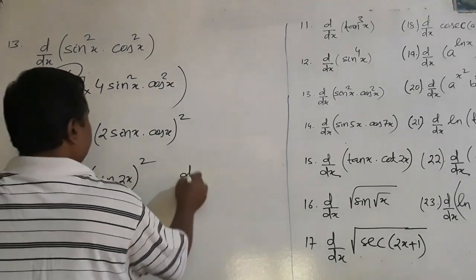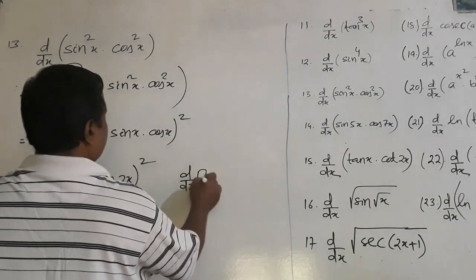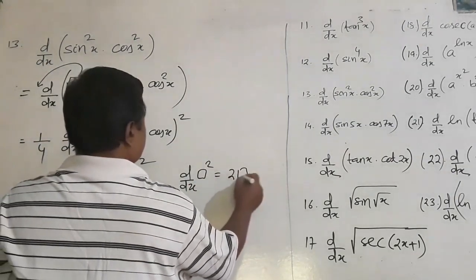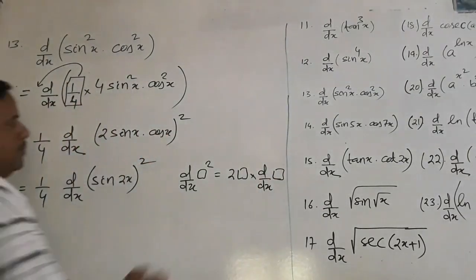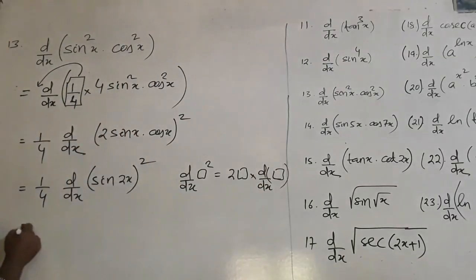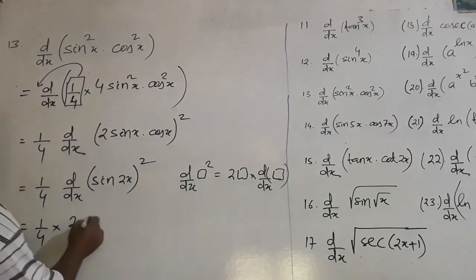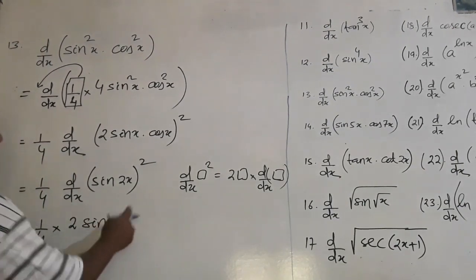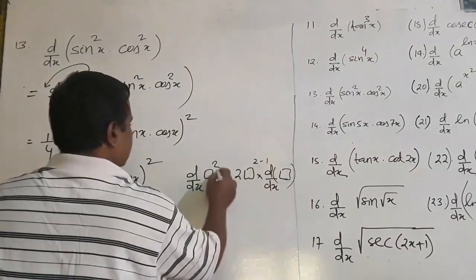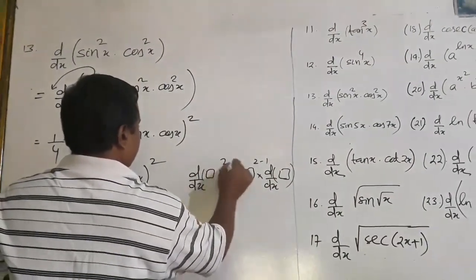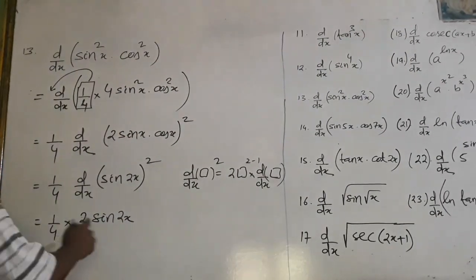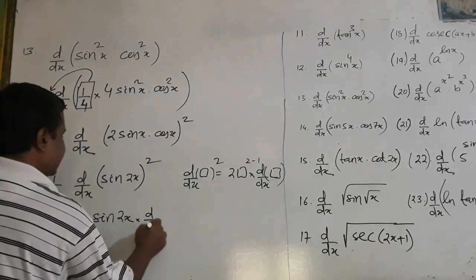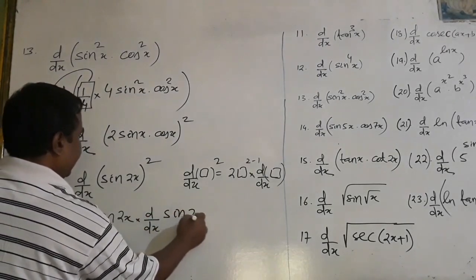And we know d by dx of box square. The answer is 2 box into d by dx of box. Then what will it be? 1 by 4 into 2 sine 2x, box to the power 2 minus 1, which means box to the power 1, into d by dx of sine 2x.